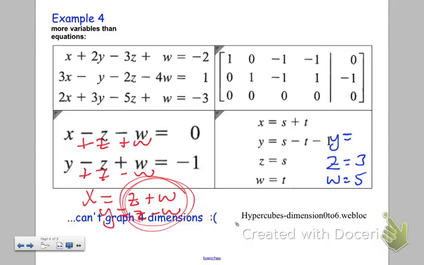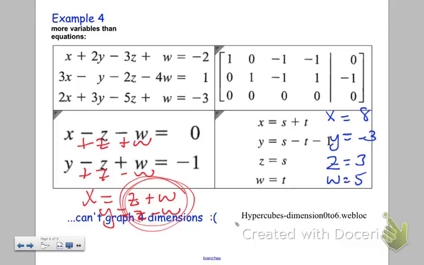So this has to be 3 minus 5 minus 1. So y has to be -3. And x has to equal whatever z and w are added together. So 3 plus 5. So that has to be 8.